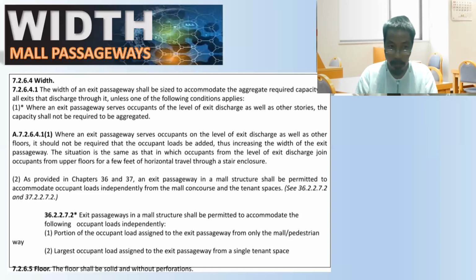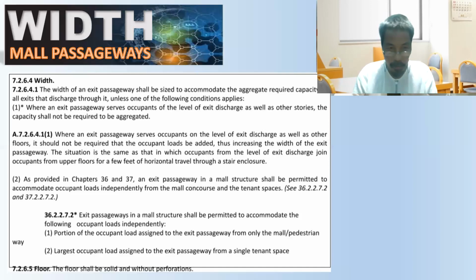Okay. So number 2, as provided in chapters 36 and 37, an exit passageway in a mall structure shall be permitted to accommodate occupant loads independently from the mall concourse and the tenant spaces.